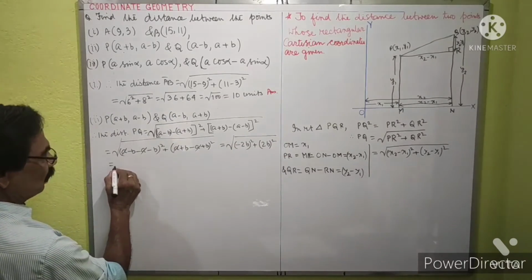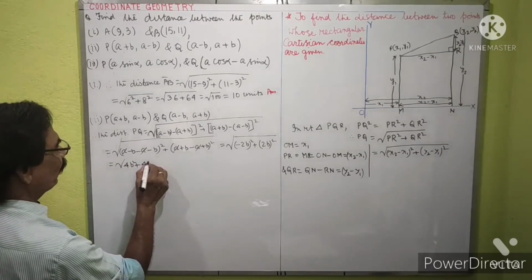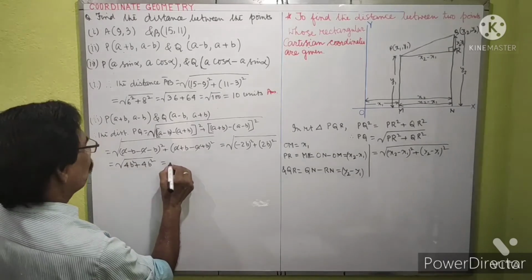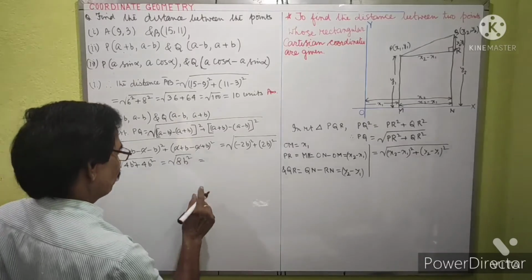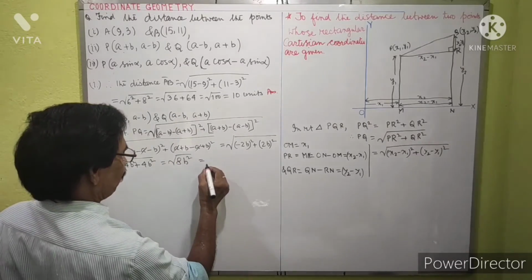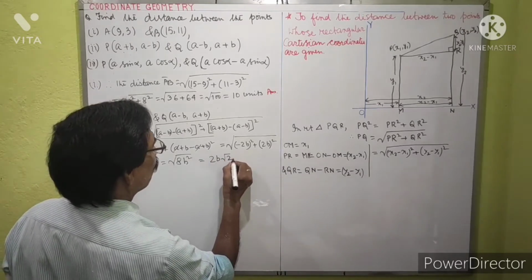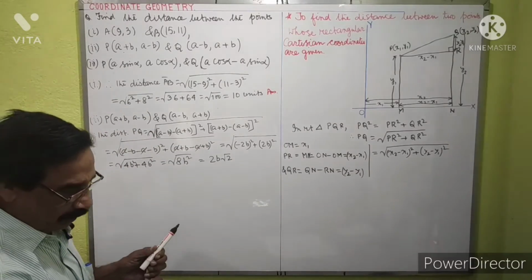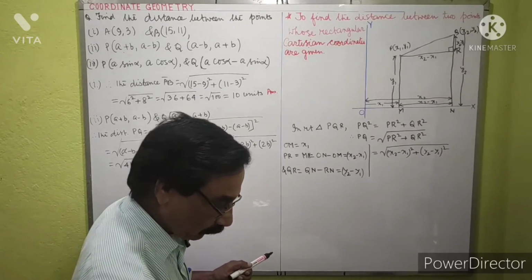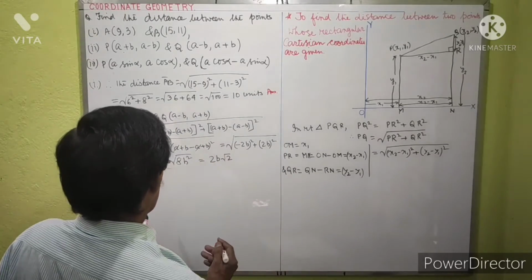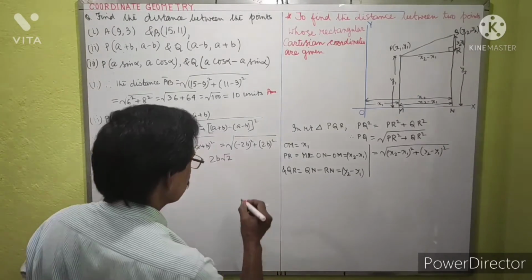So it is root over of 4b square plus 4b square is equal to root over of 8b square. If we take root over of it, it will be 2b root 2. The distance is 2b root 2. This is the answer.